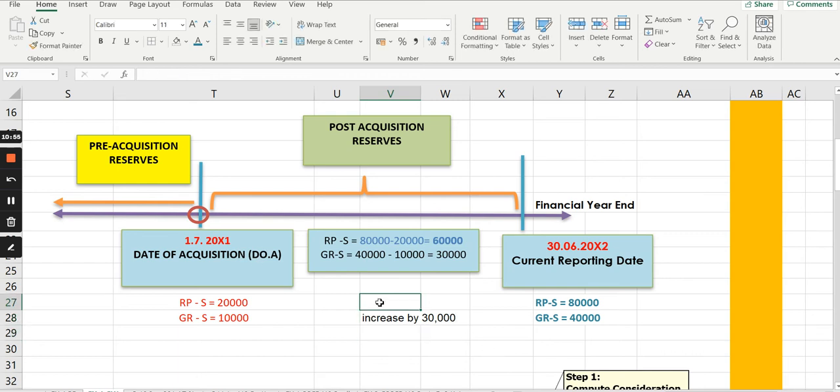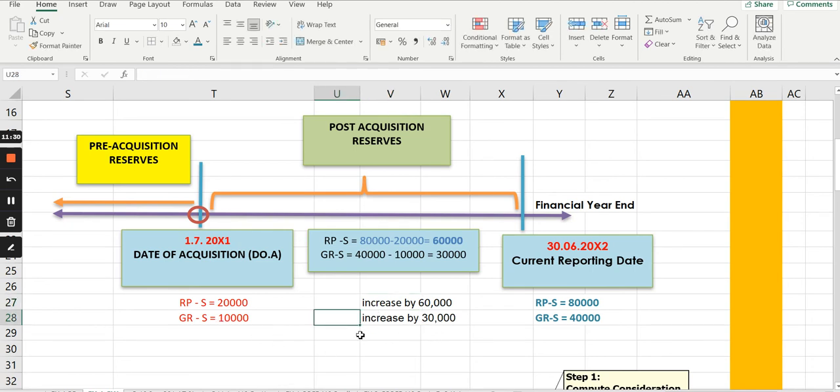Any change to the reserve balances between the pre-acquisition balance and the balance at the end of the year, either a decrease or an increase, is post-acquisition reserve. Here we have a post-acquisition reserve of 60,000 for retained profit and 30,000 for general reserve.